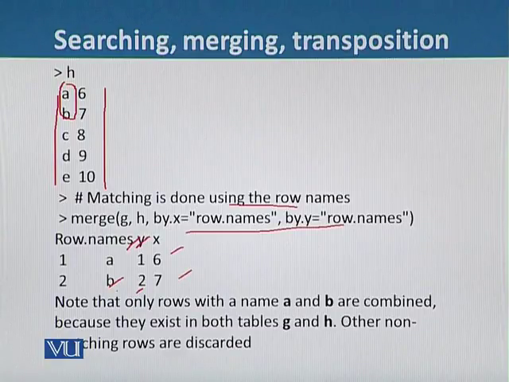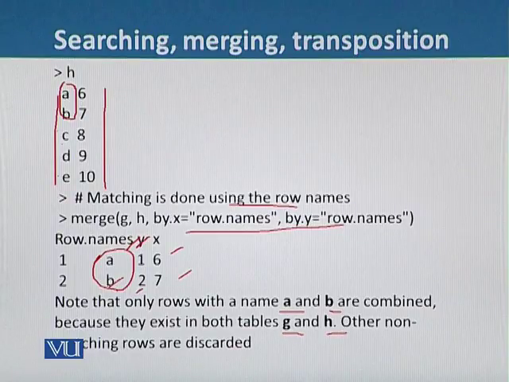So after comparing the tables, we got only rows with names A and B, and other rows, for example C, D, E and G, H, F, are not combined because only the overlapping rows are kept between the tables G and H.